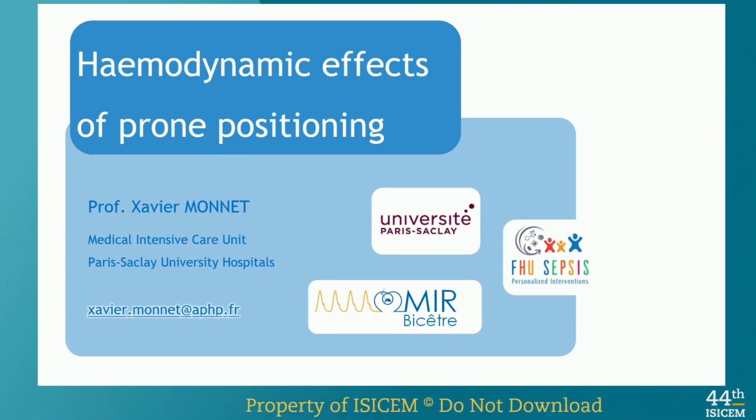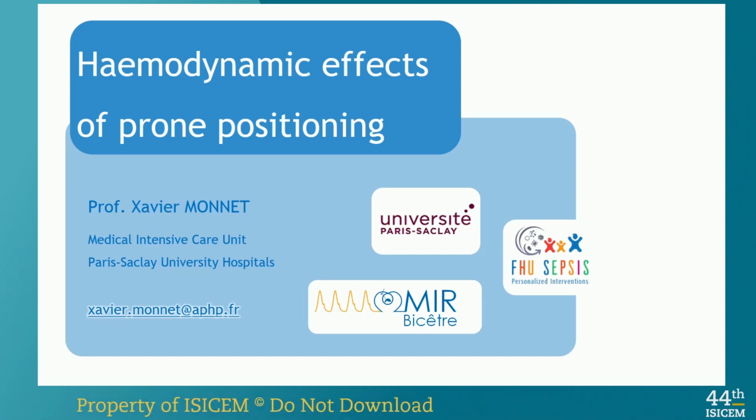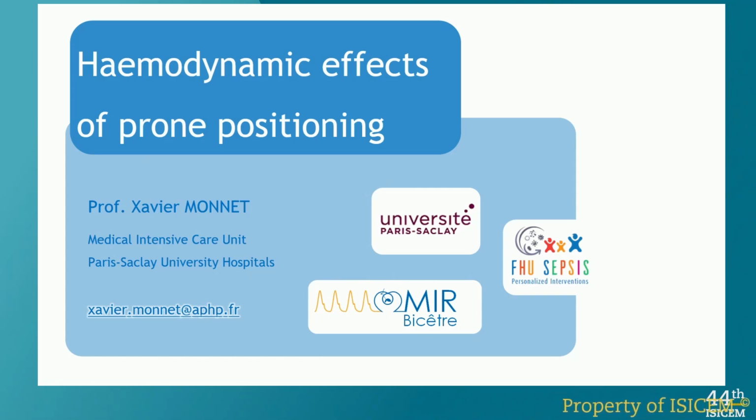Any question? No. Yeah. Question. If you manipulate FiO2, do you decrease the pulmonary vascular resistance? The question is, if I manipulate FiO2, may I decrease the pulmonary vascular resistance by reversing hypoxic vasoconstriction? Yes, likely, you're right.